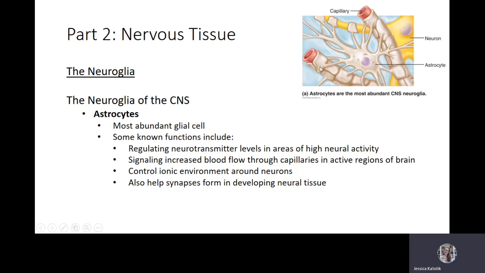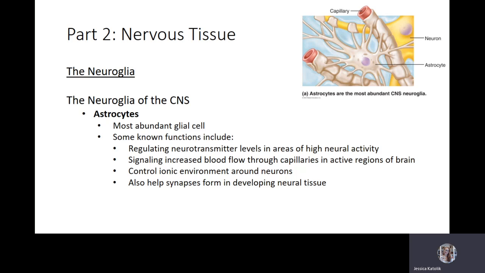The astrocytes will actually form the blood-brain barrier and control what comes into and out of the central nervous system, limiting what can come in contact with the very sensitive nerves that are in our brain and spinal cord.